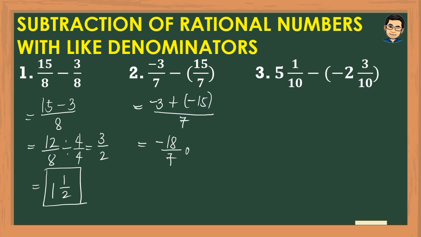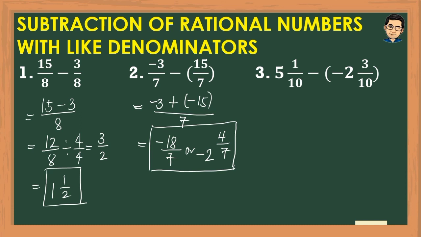That will become negative 2, and then the remainder 4 over 7. So, this will be our final answer. To check if negative 18 over 7 is equivalent to negative 2 and 4 over 7, multiply the denominator of the fraction by the whole number. So, 7 times negative 2, that is negative 14. Okay? Plus 4, that is negative 18 over 7.